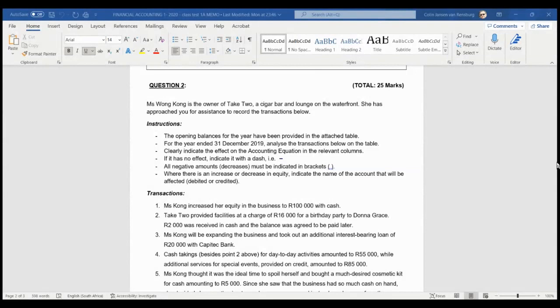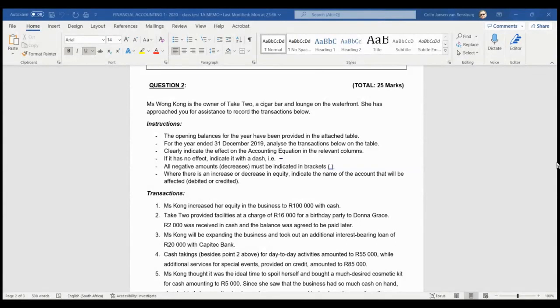If we can just type the elements that are going to be affected first, and then we'll talk about whether it increases or decreases. Assets, definitely assets will be affected. Thank you, Jardine. Thank you all. Right. So assets and equity.